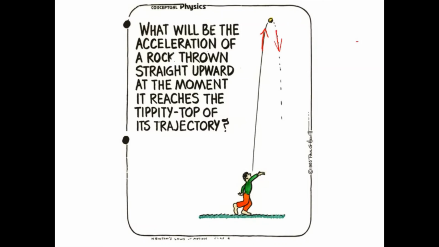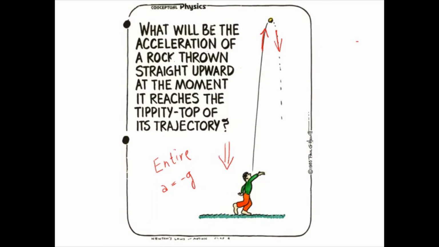So the entire time this ball is in the air, if we ignore air resistance, its acceleration is going to be g towards the Earth's surface. It's accelerating downward, in the negative direction, at a rate of 9.8 meters per second squared.